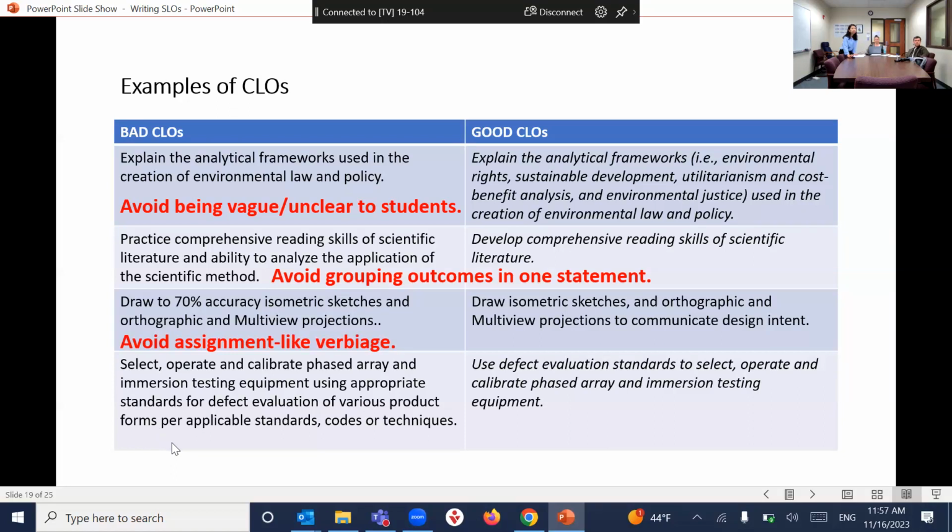Last one. Okay, so there are a couple of issues in the last course learning outcome statement. First, there are 3 action verbs. Second, it's too long.